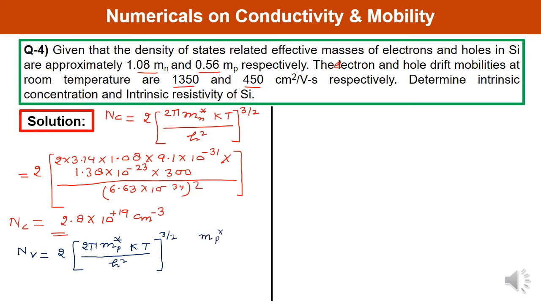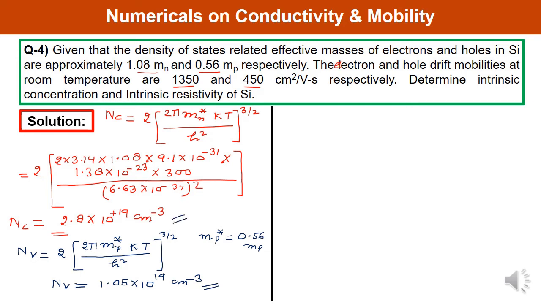Here m p star is given as 0.56 times m p, and the value of m p is 9.1 into 10 raised to the power minus 31. Substitute all values and calculate it. You will get the value of Nv as 1.05 into 10 raised to the power 19 per centimeter cube. So this is how you have calculated Nc and Nv.